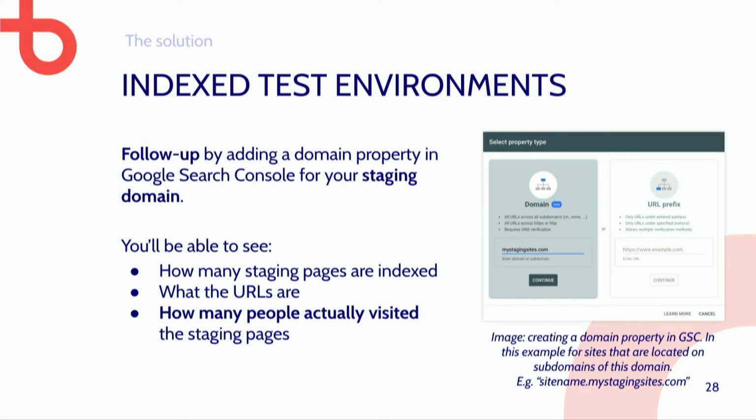You could just do a domain validation of your staging domain, and then you can see how many people actually visit your staging website per day, which URLs they visit, via which keywords they land on that environment, and so on. This could be an eye-opener: oh, a lot of people are visiting my staging environment, I really need to wall it off, or implement redirects so they are redirected to the live environment.